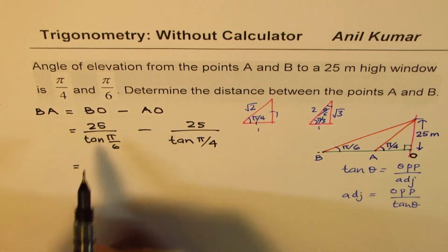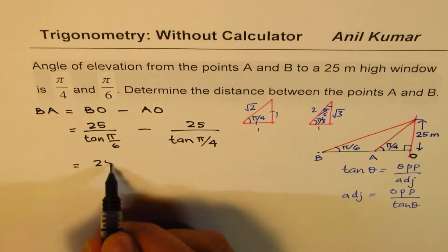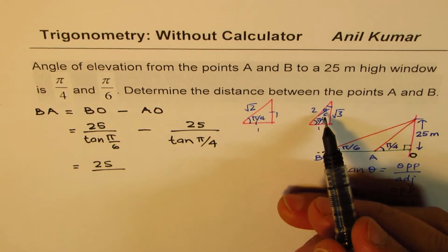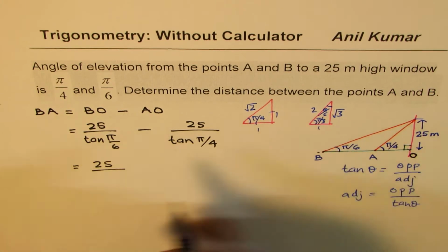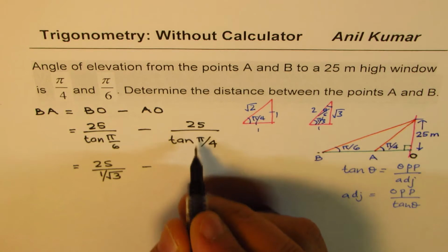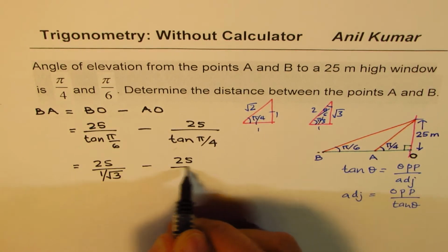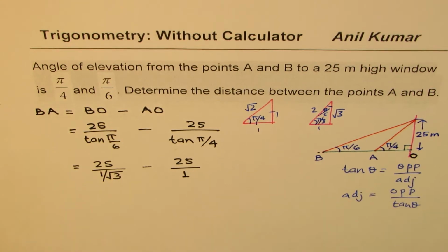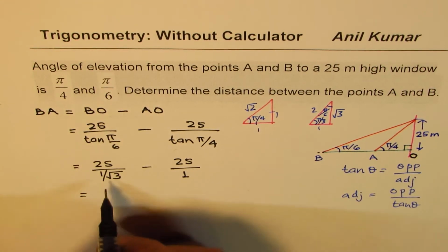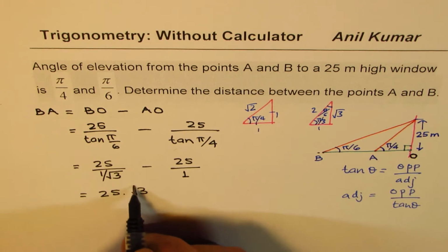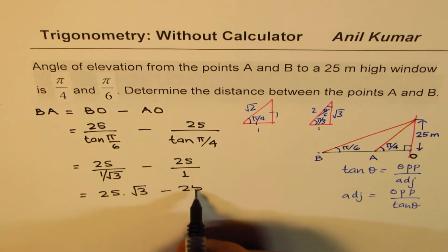So what we have here is 25 over tan of pi by 6. Tan is opposite over adjacent. It is 1 over square root 3. Minus 25 over tan of pi by 4, which is 1 over 1, which is 1. Correct? Now that could be written as 25 times square root 3 minus 25.